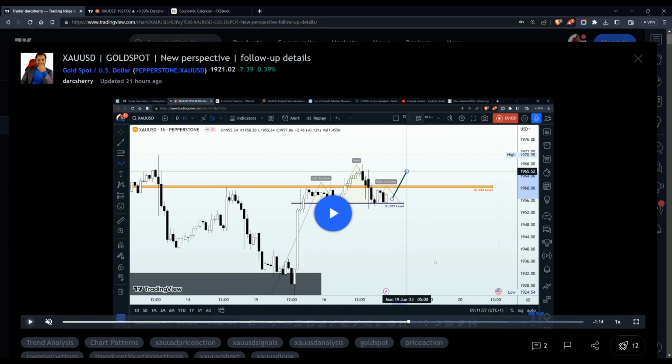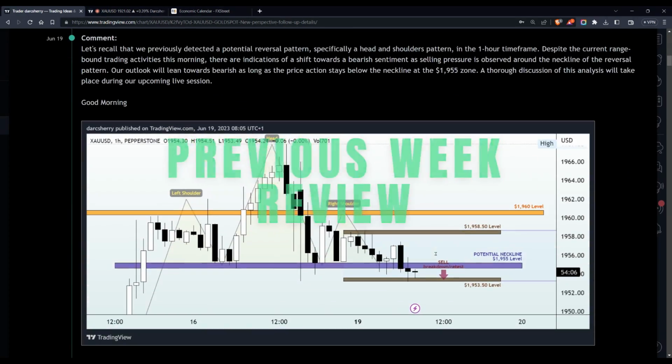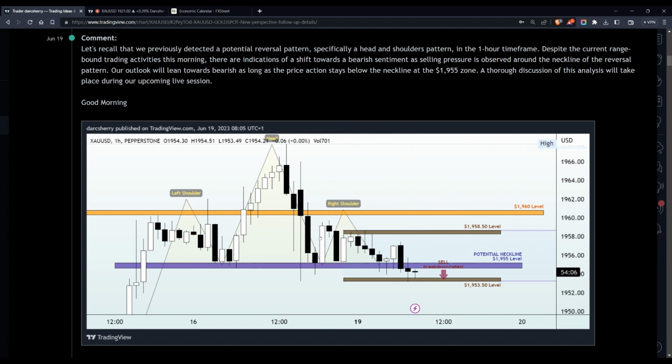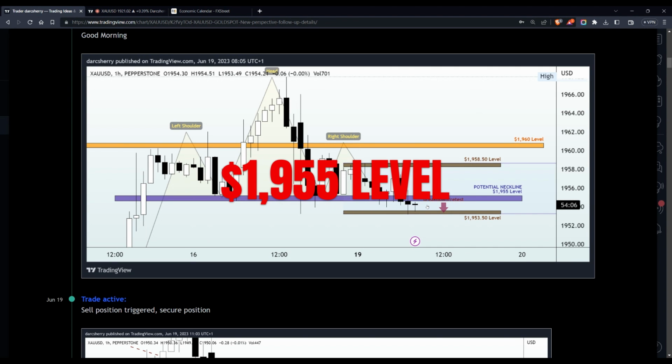Talking about last week's trading session, at the beginning of the week, we were able to spot a simple reversal pattern in the form of a head and shoulders. As you can see, we had it sitting around our key level for the week at 1960, with our neckline area situated at the 1955 level.